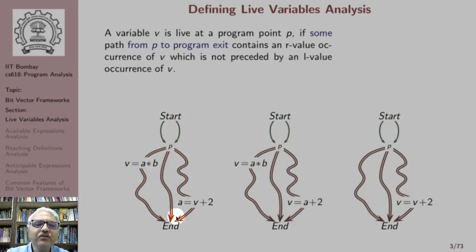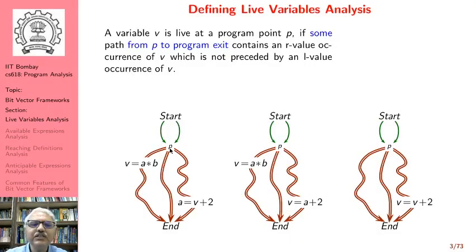So we are talking about a particular program point P, and because there could be multiple paths, we are essentially saying it's okay if some path, it doesn't have to be all paths. So it's some path from P, and this path should be from P to program exit. So we are talking about the property of a path from P to program exit.